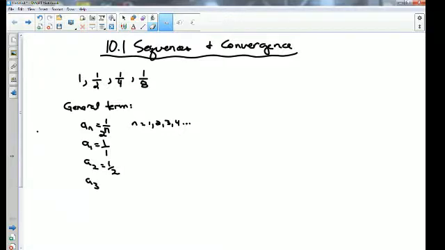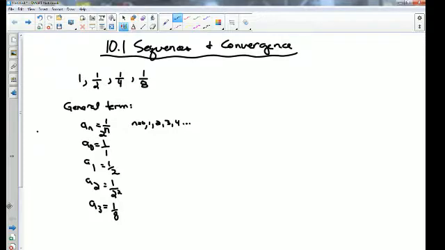Okay, that was a good catch, because 2 to the 0 is 1, 2 to the 1 is 2. Goodness, you'd think I'd never taught this before. And then a sub 2 is 1 over 2 to the 2, 1 over 4. And 2 cubed is 8, etc. Good catch.